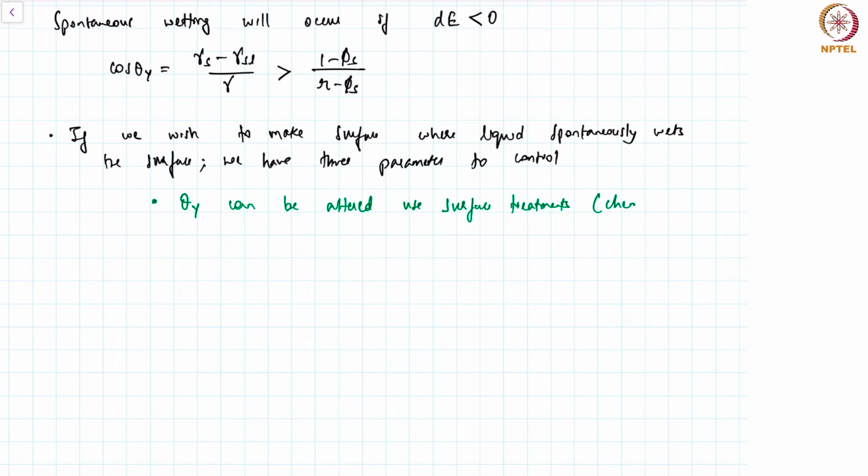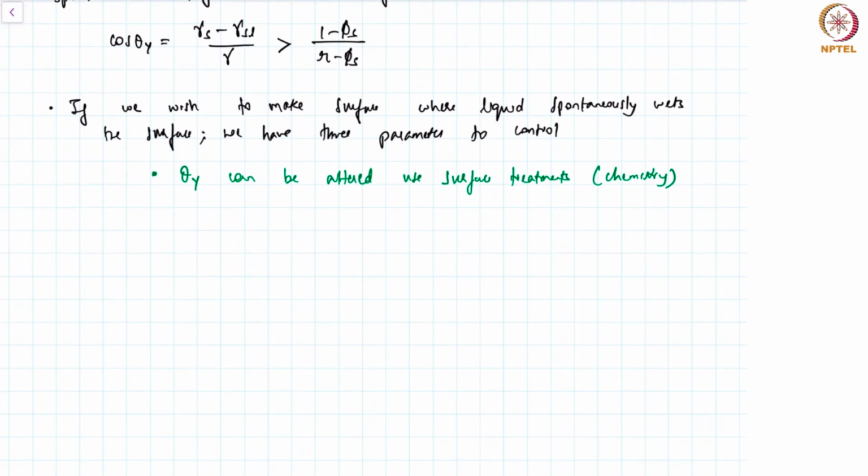So this comes under the domain of chemistry. You can change the chemical nature of the surface. Therefore, the equilibrium contact angle theta y can change. And now you can also engineer surfaces such that r and phi s can be controlled via geometry, meaning r and phi s are geometry parameters.